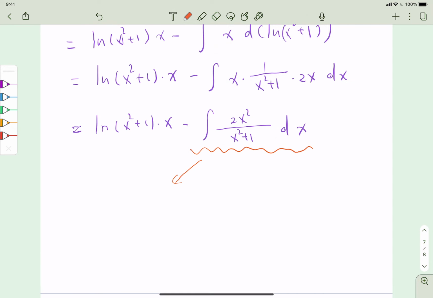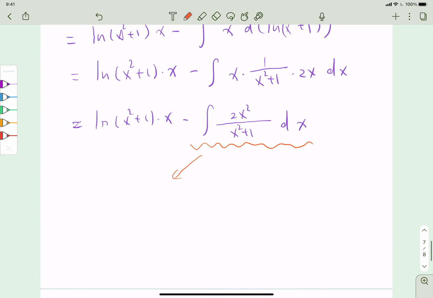This is equal to 2x squared over x squared plus 1, and I cook up something: the top is x squared plus 1 minus 1, divided by x squared plus 1.